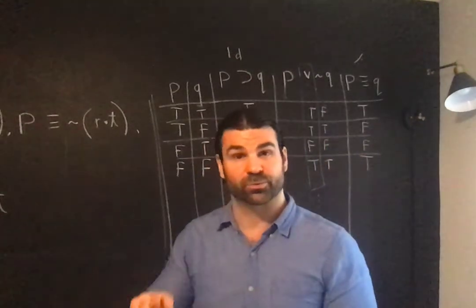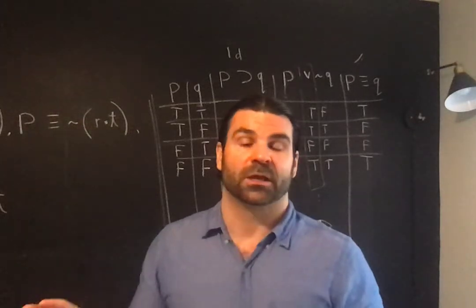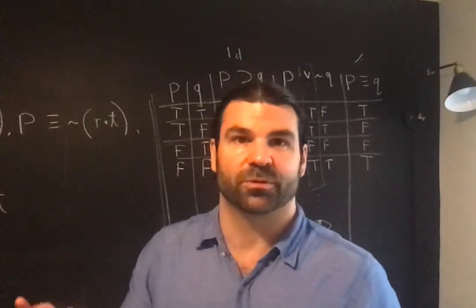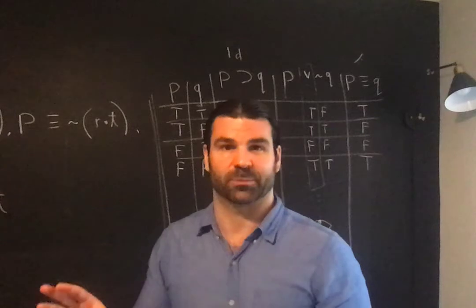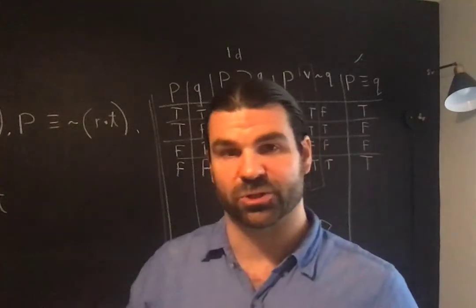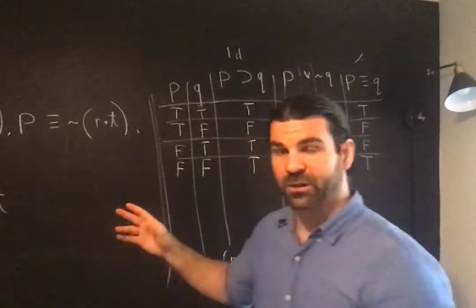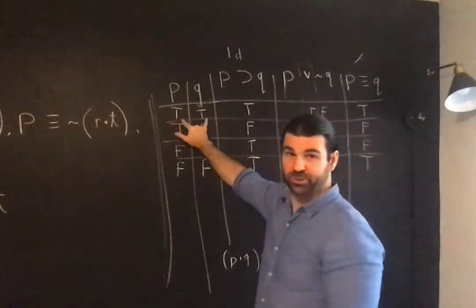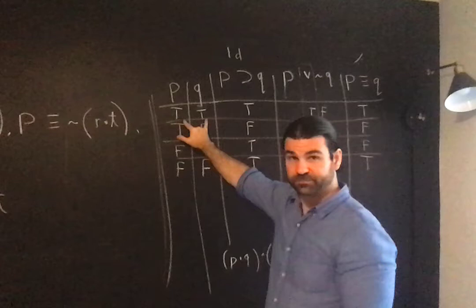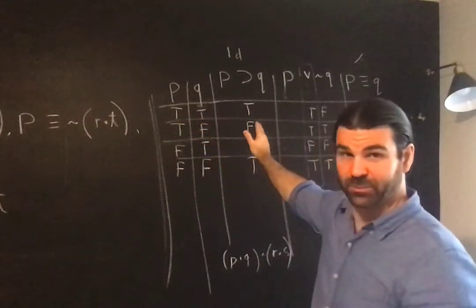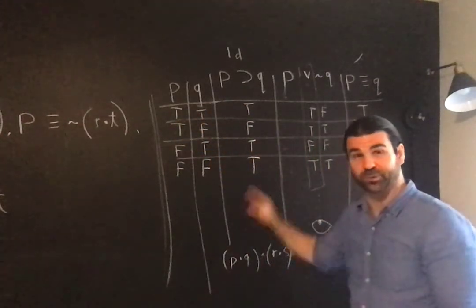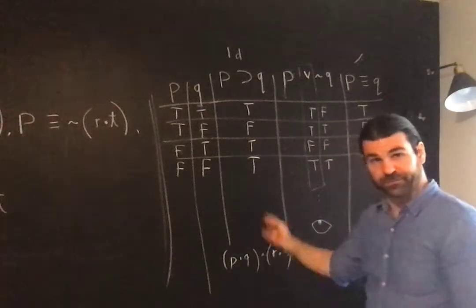So rows 2 through 16 can't possibly be rows that show this invalid. The only way this could be invalid is through the first row. Only the substitution instance that is the first row could possibly be a counterexample. You know that much already after computing the truth table column for the first premise.